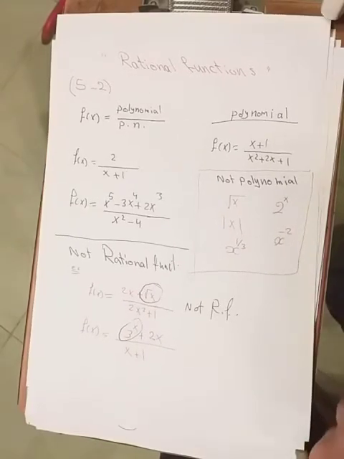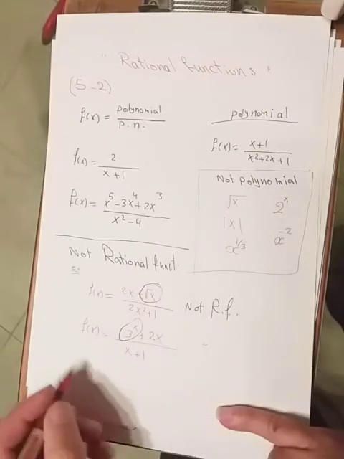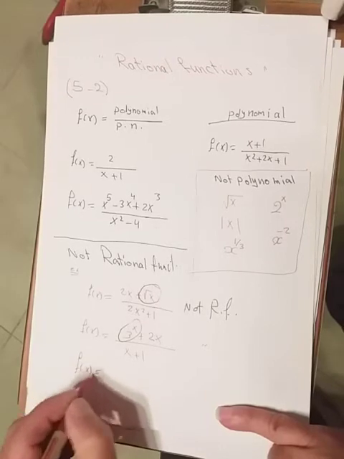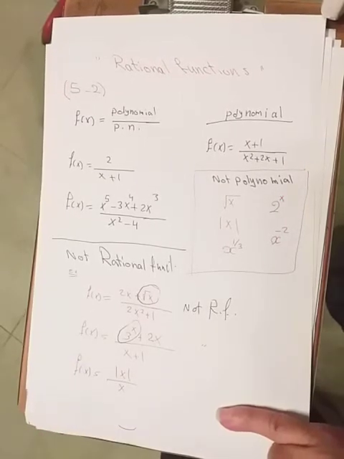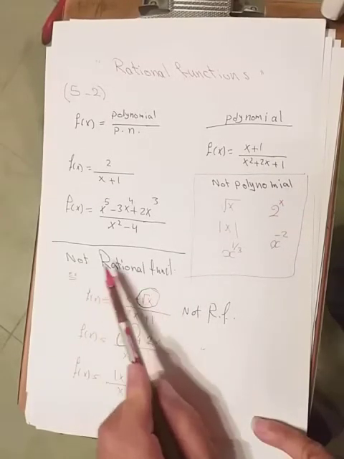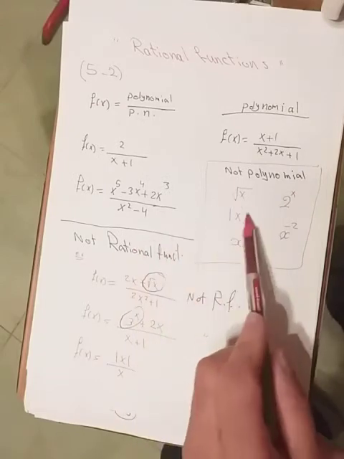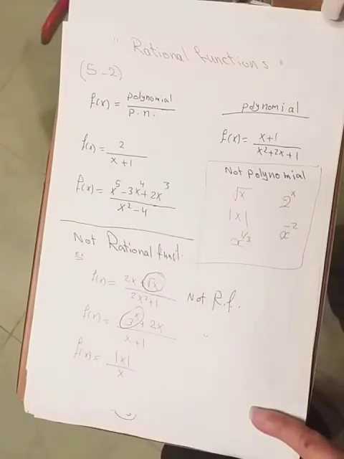Last example, not a rational function: you have an absolute value, and absolute value is not a rational function. Okay, next.